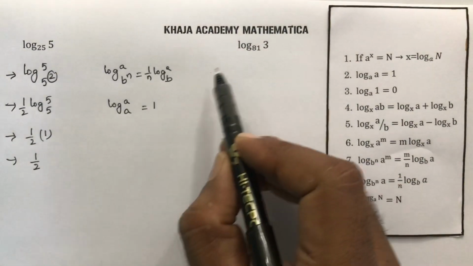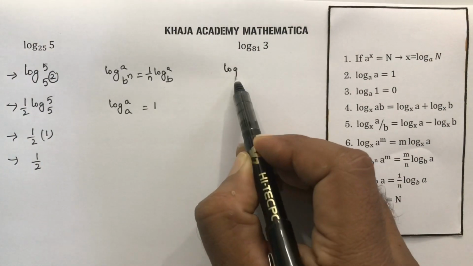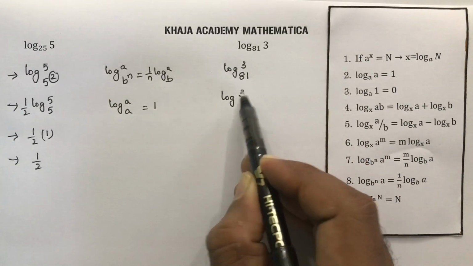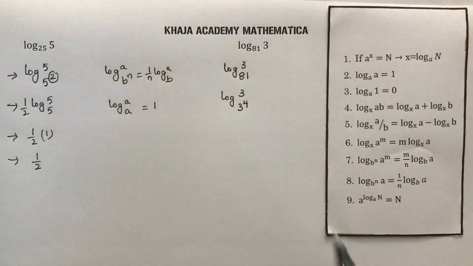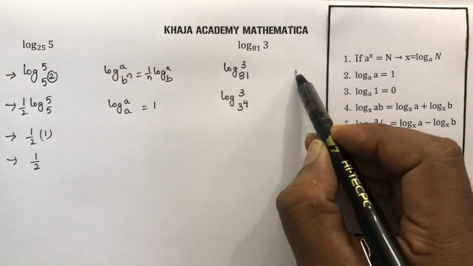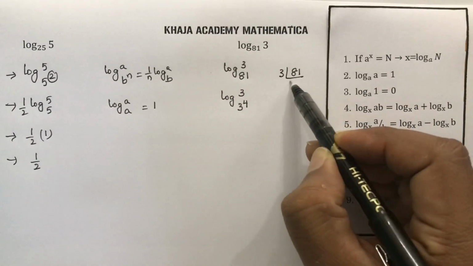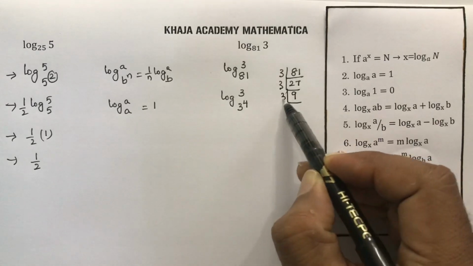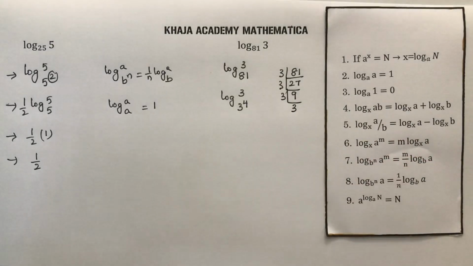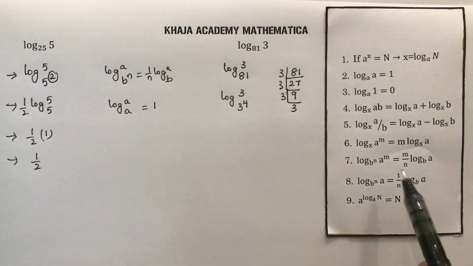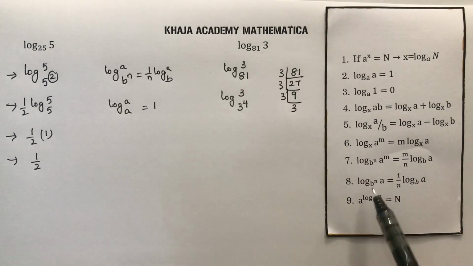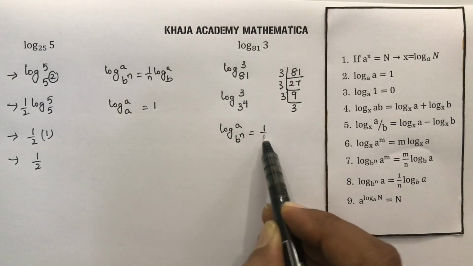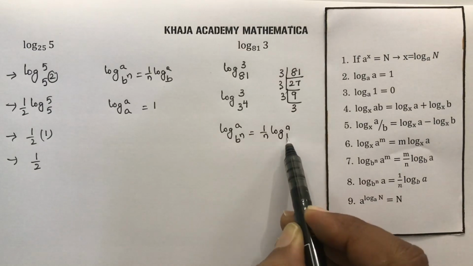In the same way, the second question, log 3 to the base 81. If you do prime factors of 81, 3 times 27, 3 times 9, and 3 times 3, you can write 81 as 3 power 4. Again the same formula: log a to the base b power n is 1 by n log a to the base b.